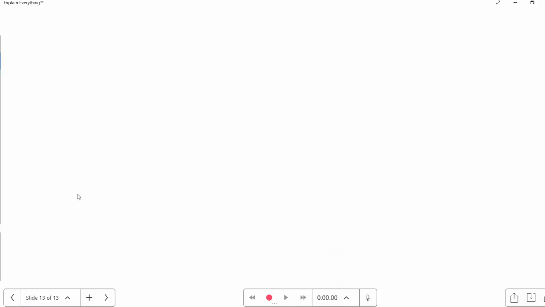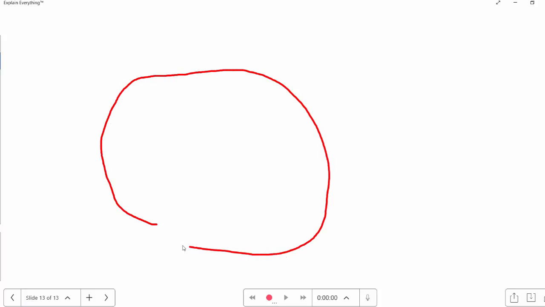So suppose we have all of our drivers, and this is supposed to represent all of the drivers, and suppose this represents the amount of drivers that drive over the speed limit.